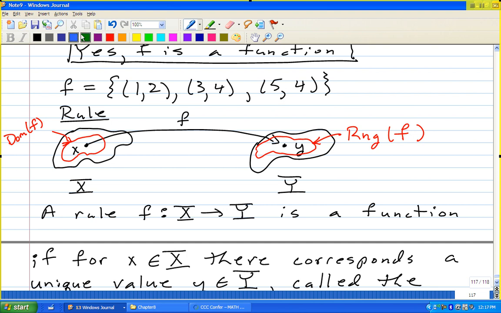I will call the Y here the codomain of f, and we'll call the X here the co-range of f.